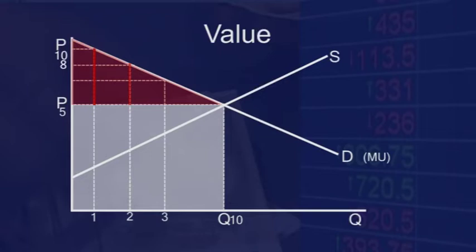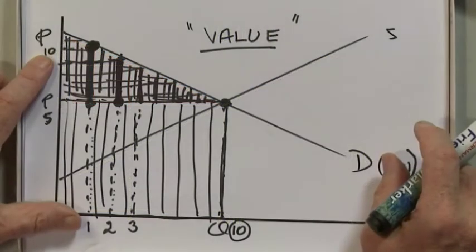So another way of defining value is to say that the total value to consumers of this product is all the utility, the sum of all the marginal utilities: the consumer surplus, plus what they actually pay, the value in exchange. The consumer surplus we sometimes call the value in use.